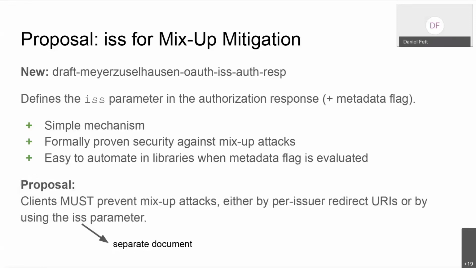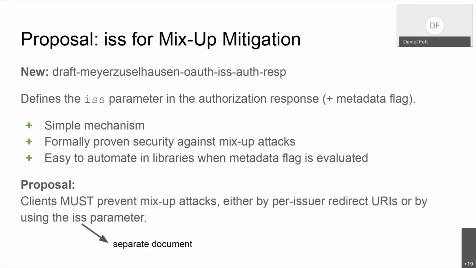So the user sees honest.com's authorization endpoint, logs in, authorizes the client for access, and then gets sent back to the client. So the client receives an authorization response, which comes from honest.com/auth, contains a code for honest.com, but the client, of course, still thinks that all these things are happening with the issuer attacker.com.